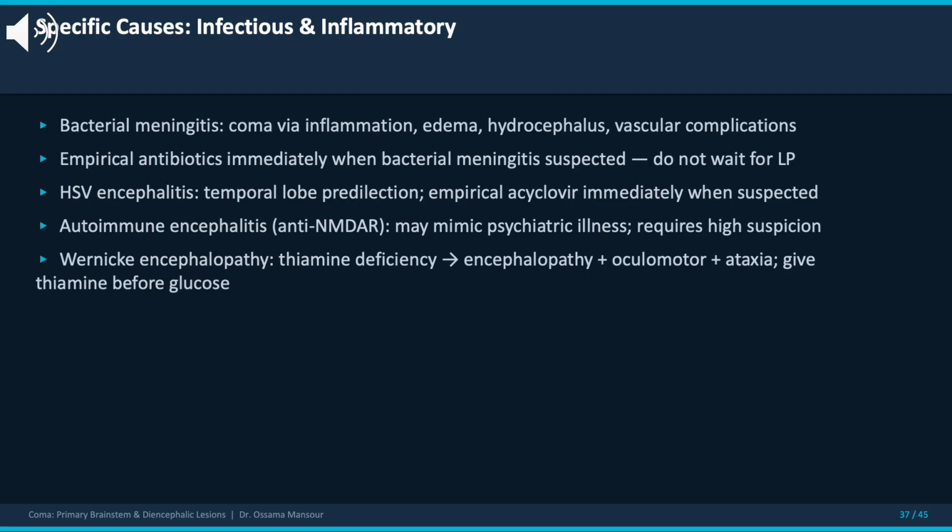Infectious and inflammatory causes of coma affecting the brainstem and diencephalon represent important diagnostic considerations, particularly because many are treatable if identified promptly. Bacterial meningitis can produce coma through multiple mechanisms: direct bacterial invasion and inflammation of the meninges and brain parenchyma, cerebral edema, hydrocephalus from obstruction of CSF flow, vascular complications, including septic thrombosis and vasculitis, and metabolic derangements from systemic sepsis.